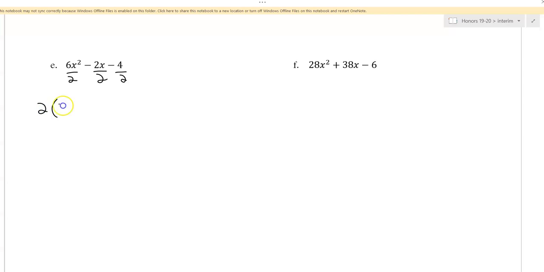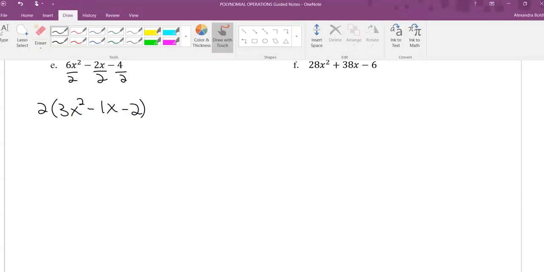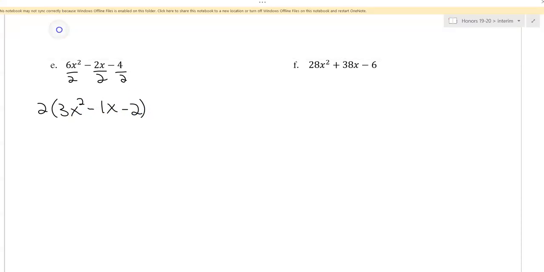So we have 3x squared minus 1x minus 2. Adding to -1. Multiplying to 3 times -2 is -6. And that's going to be 2 and -3, right?